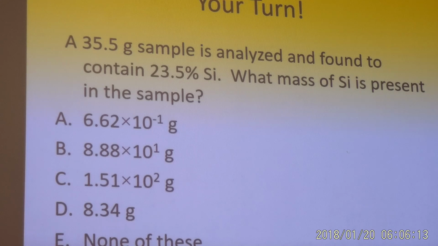If it was 100% silicon, 35.5 grams of it would be silicon, right? If it was 50% silicon, you take the 35.5, multiply it by 0.5, right? So in this case, 35.5 times the 0.235, that'll give us our mass of silicon.